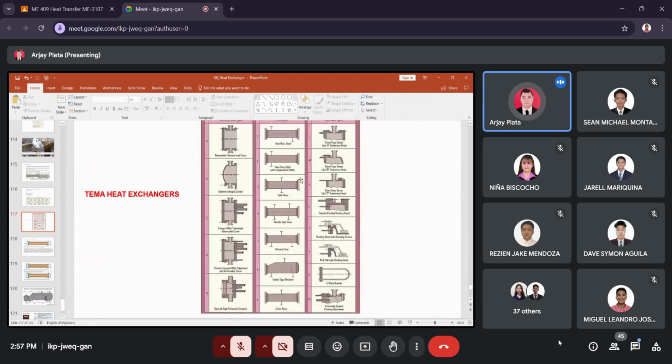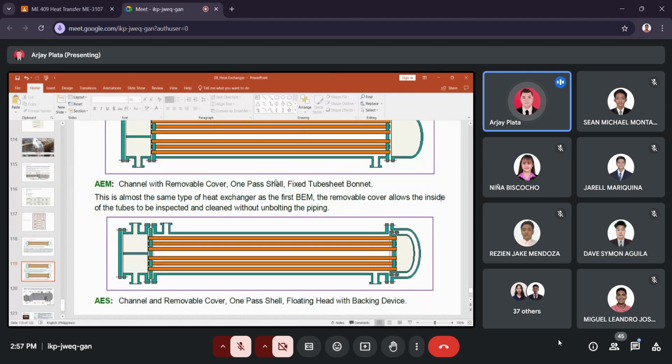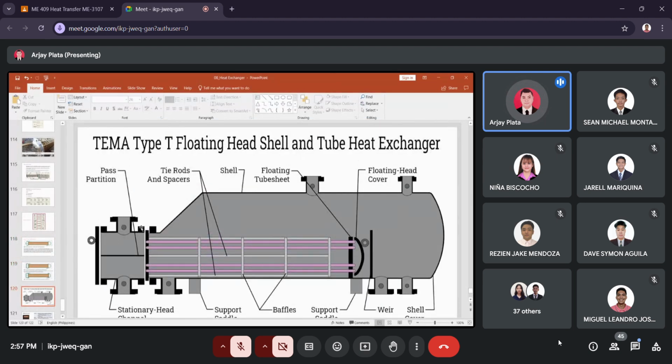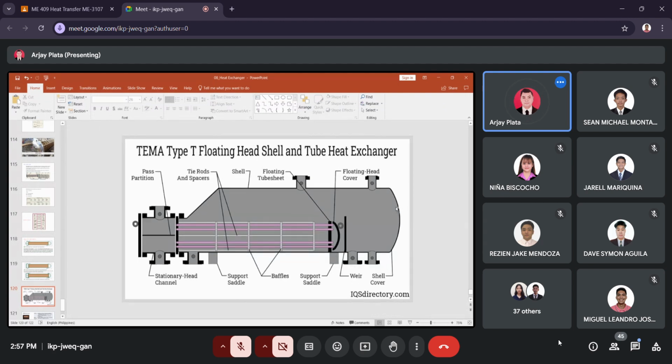So that's AES. Next one, so this is a kettle type. So it's AKU, or kettle type, A removable head, then K is kettle, and then U is U-tube type.